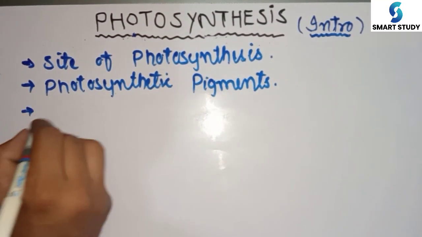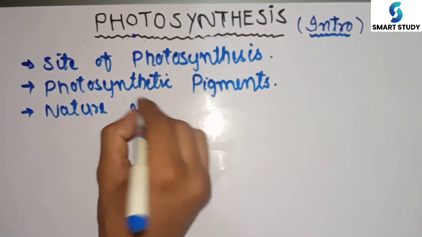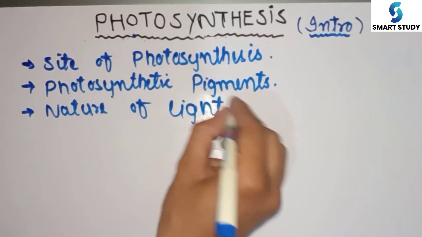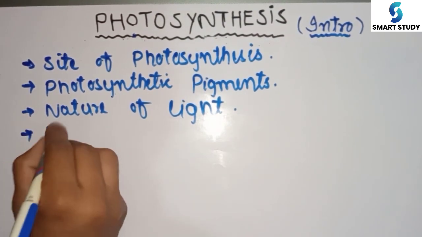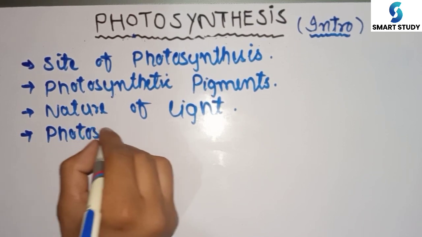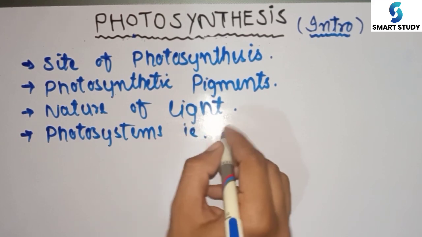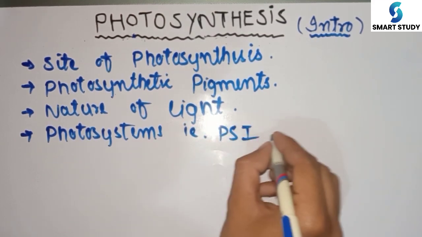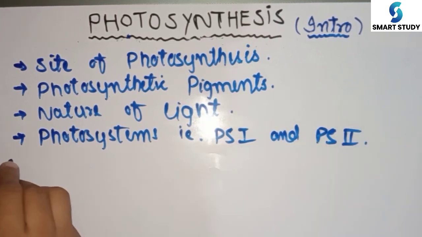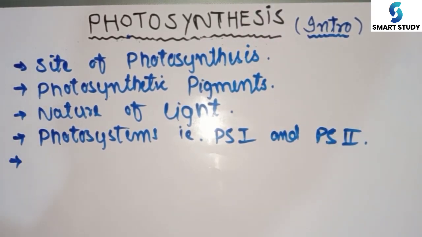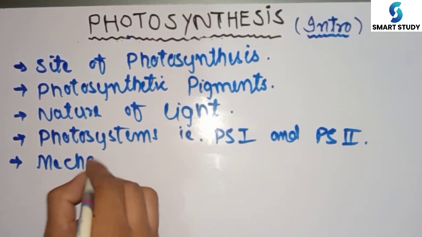After pigments, we will discuss about nature of light required for photosynthesis. And after light, we will be discussing about different photosystems, which are photosystem 1, we call it PS1, and PS2, photosystem 2.